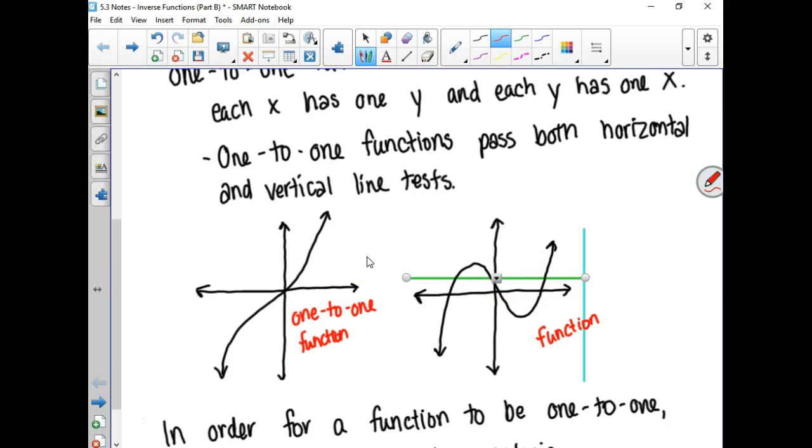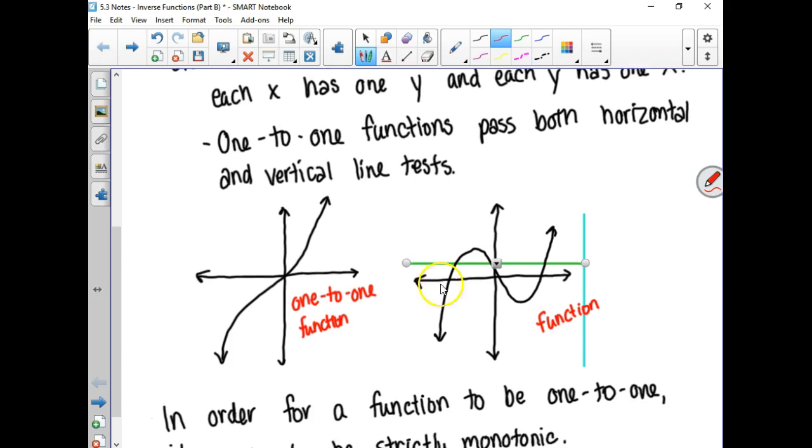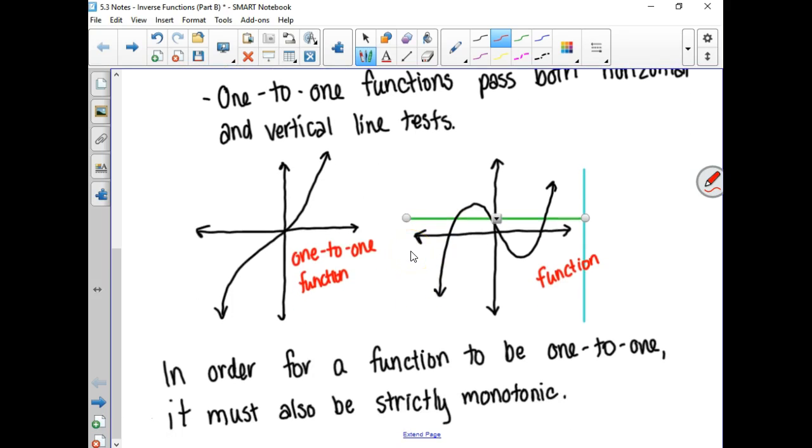It's still a function, but it's not 1-to-1. In order for a function to be 1-to-1, it also must be strictly monotonic. It's got to be always increasing or always decreasing. Because if it switches from increasing to decreasing like it does here, you're going to end up with a maximum or minimum, which is going to give you something that's not going to pass that horizontal line test.